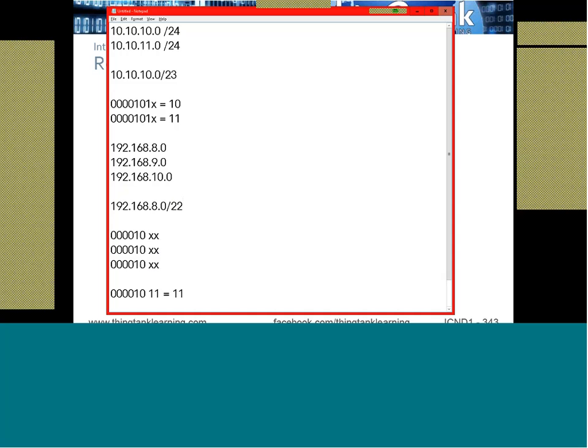You can only summarize 1 network, which really isn't a summary. You can summarize 2 networks. You can summarize 4 networks. You can summarize 8 networks. You can summarize 16 networks. You can summarize 32 networks. But you cannot summarize 10 networks. You cannot summarize 5 networks because we're dealing with binary, powers of 2.